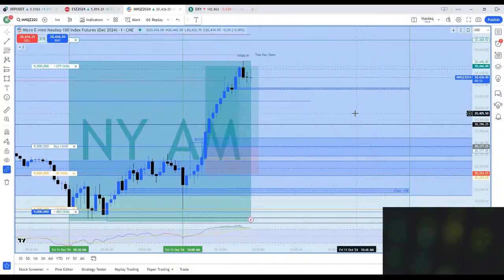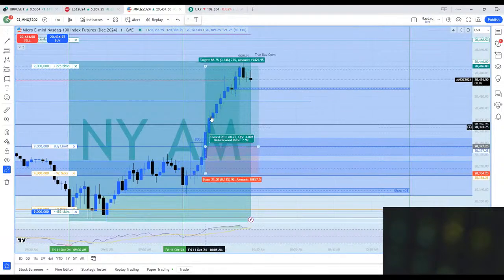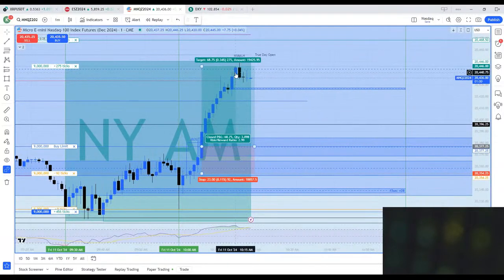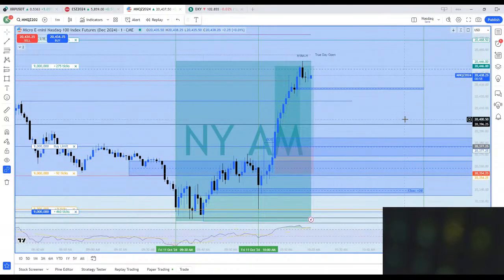A lot of people call this gambling, but those are the ones that just get in and will be buying up here just because price is moving up. That's somebody that don't have an edge, they don't have a strategy, they don't have a set of rules, and they don't have control.